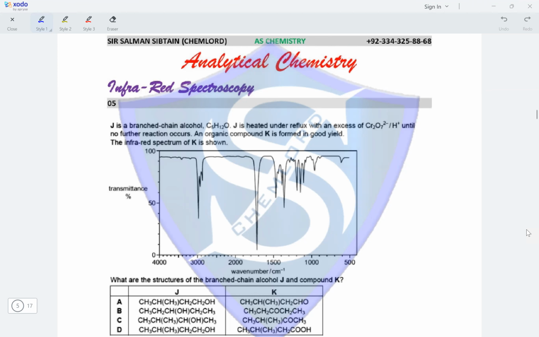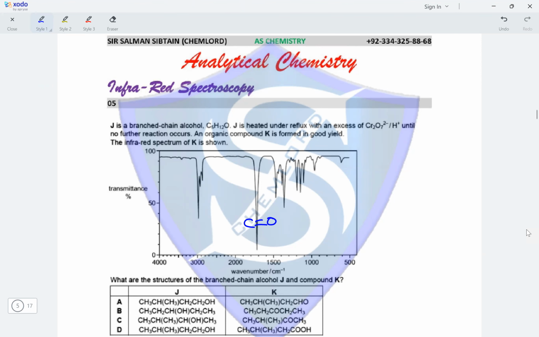The only identifiable peak in K is the one at 1700 wavenumbers, which corresponds to a C=O group. So what are the structures of the branched chain alcohol J and compound K? Alcohol J would be a secondary alcohol and K is a ketone or an aldehyde.